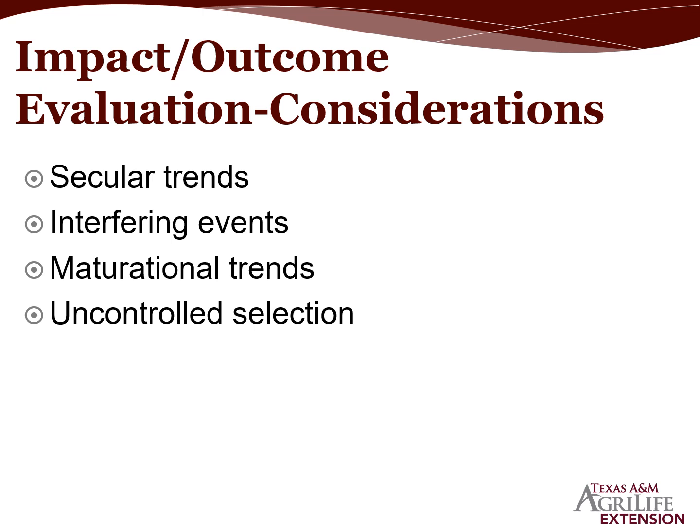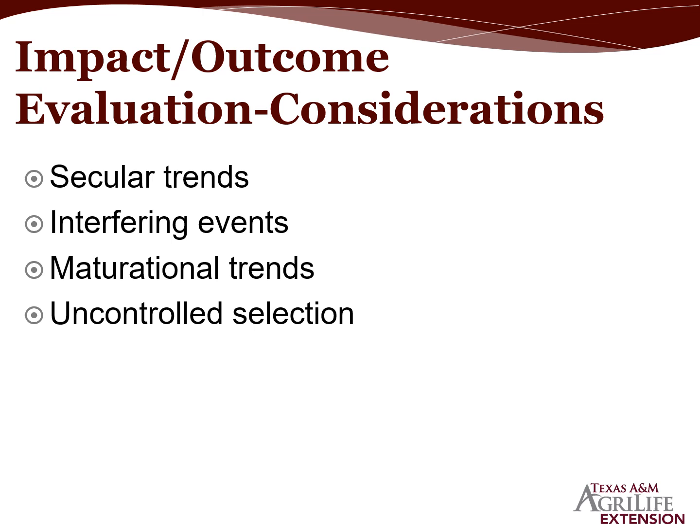Okay, just some things that we'll talk about quickly here are things like secular trends. Okay, they can have an impact on our evaluation. Secular trends are things that happen over time in a culture. Something like 9/11 is a secular trend.